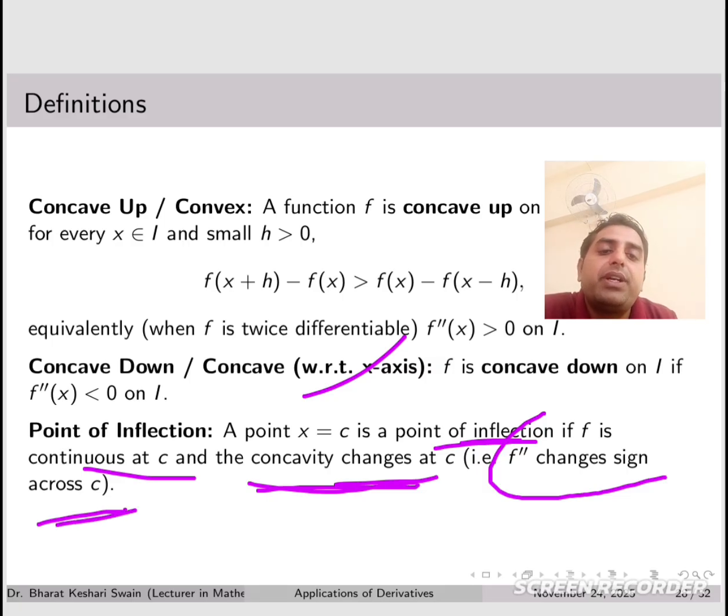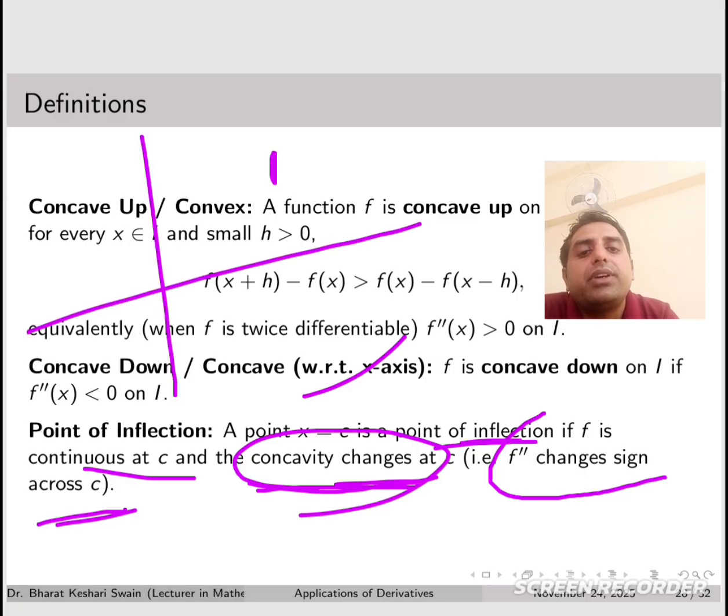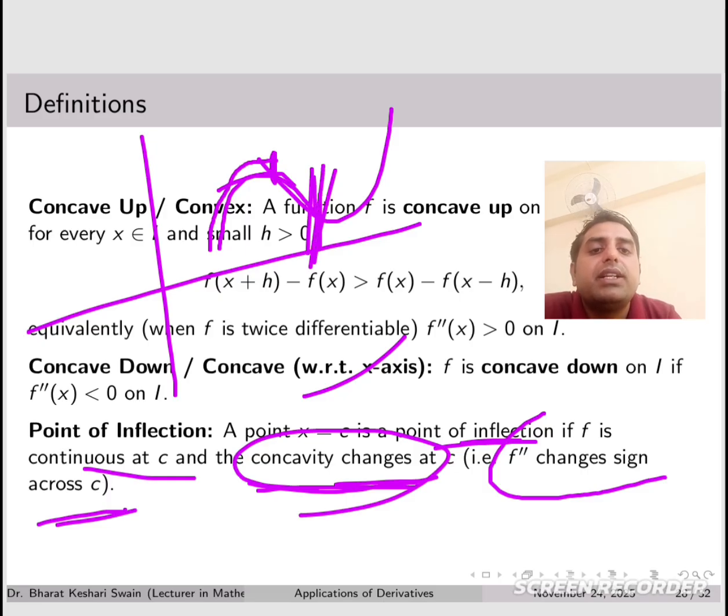So the point where concavity changes, that means if it is concave like this, then again like this, the point where your concavity changes is called your point of inflection.